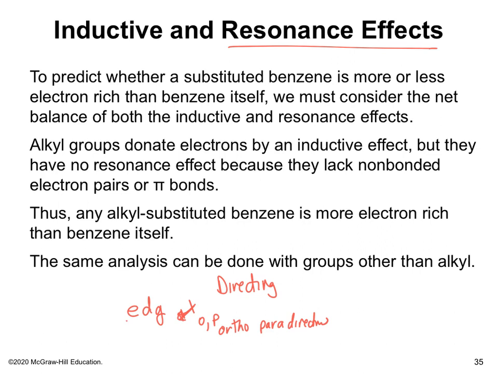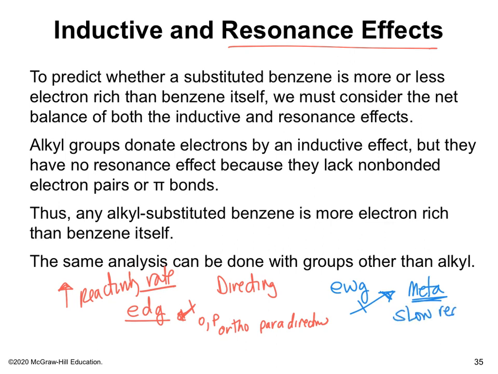You're also going to find that electron donating groups increase the reactivity, the rate of reaction. Electron withdrawing groups will be pulling electron density out of the ring, and their directing is meta. They are meta directors, and they slow the reaction down.